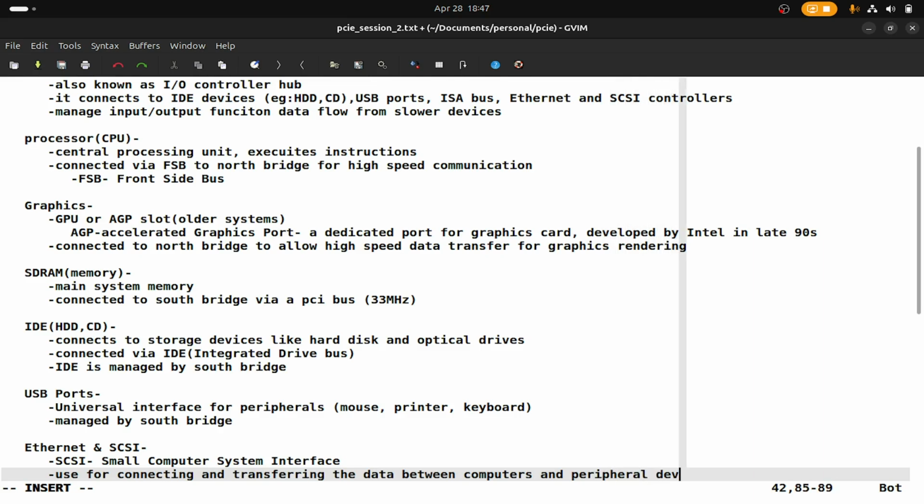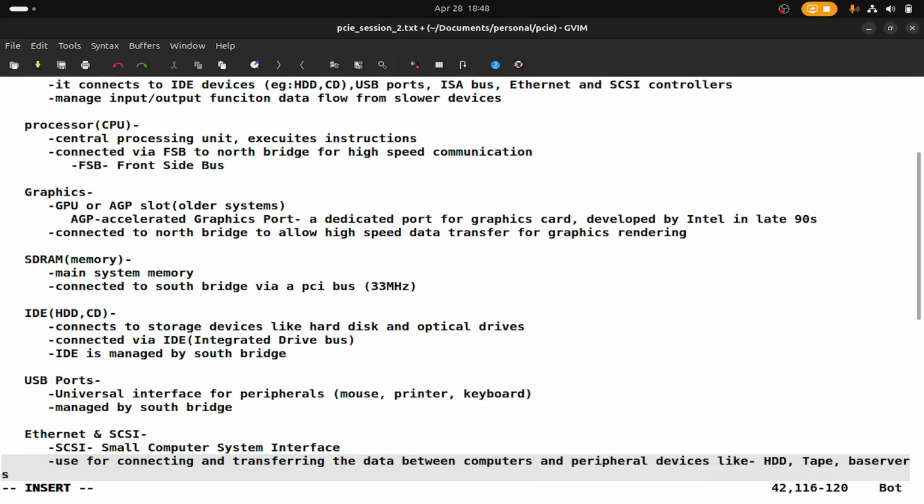Peripheral devices like, again, some HDD, tape, because internally we have some HDD or hard disk, or nowadays SSD is available, but externally we can also connect. And for more backups, obviously you can connect some hard drive or SSD or USB drive from outside, so obviously you are talking about the backups and servers, right?